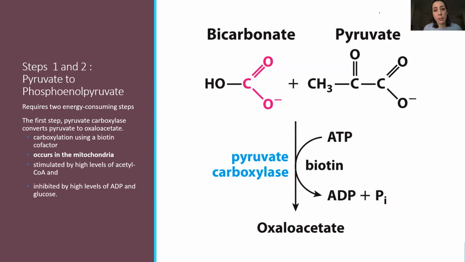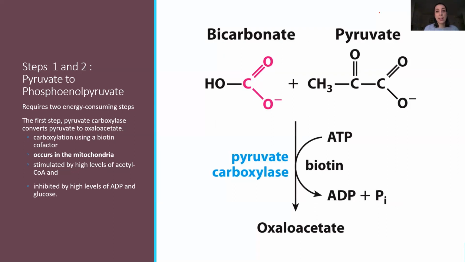Let's take a closer look at that series of enzymes at the beginning of gluconeogenesis. These are steps 1 and 2 of gluconeogenesis. And remember, they're the reverse of the end of glycolysis. So here we're looking at taking pyruvate and eventually turning it into phosphoenolpyruvate.